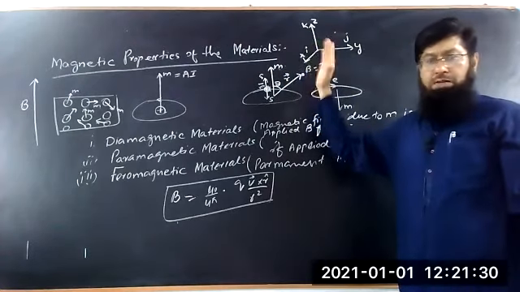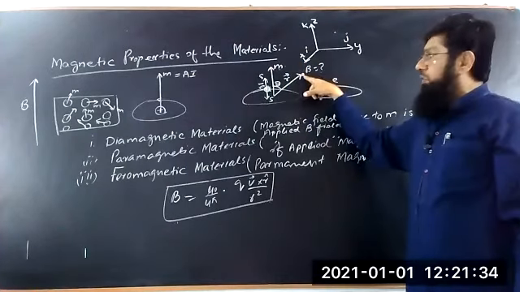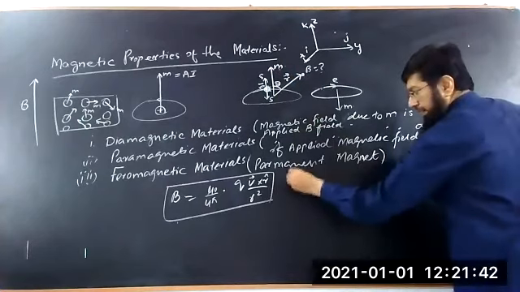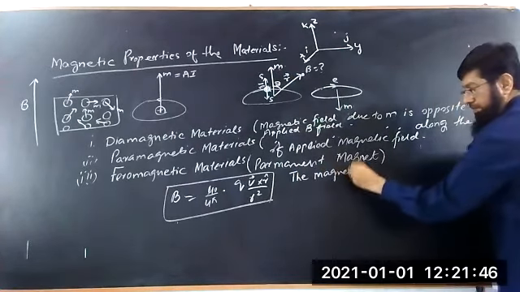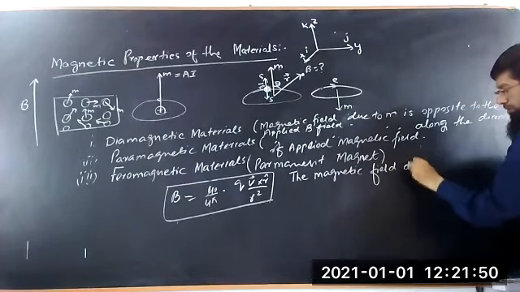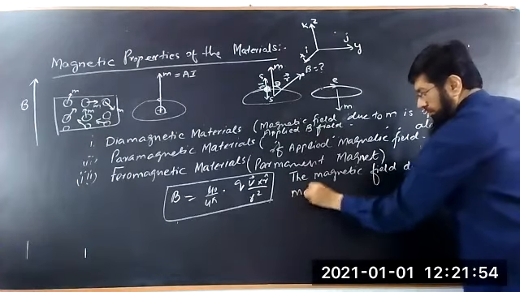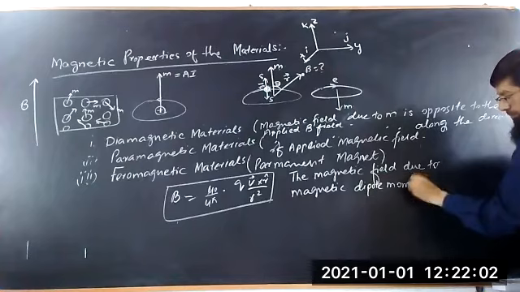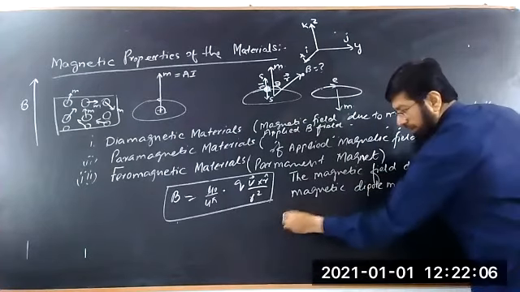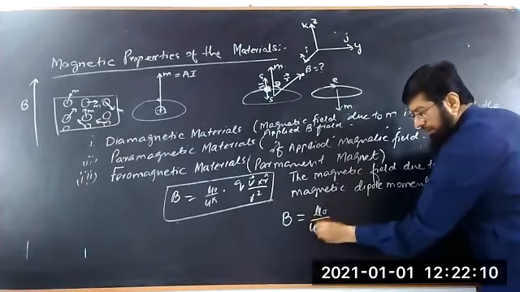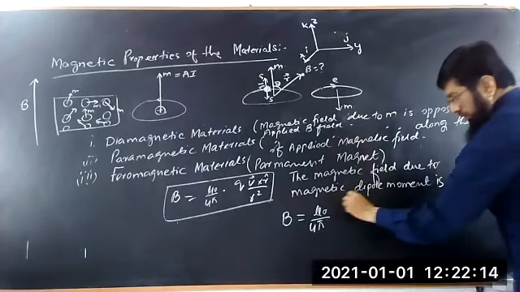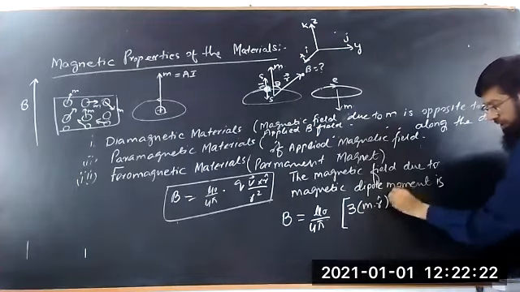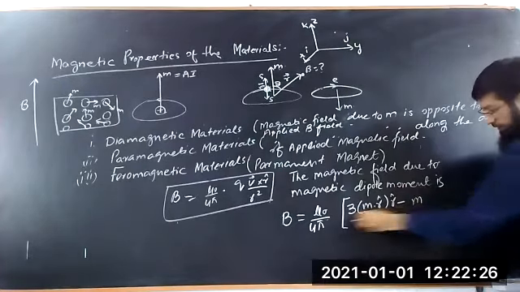You have a relation in your fifth chapter that the magnetic field due to the magnetic dipole moment is, I am writing it here, B is equal to mu naught upon 4 pi into the bracket 3 (M dot r-hat) r-hat minus M, divided by r cube.